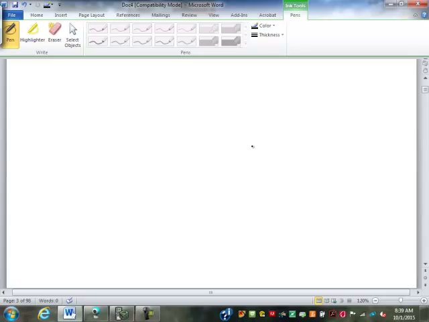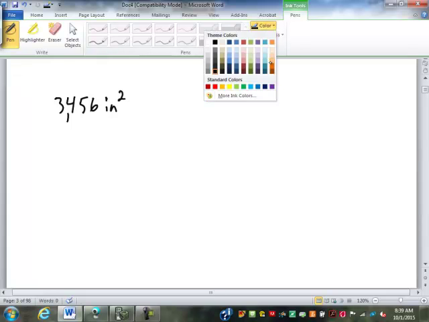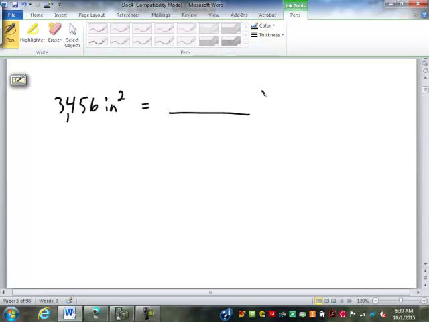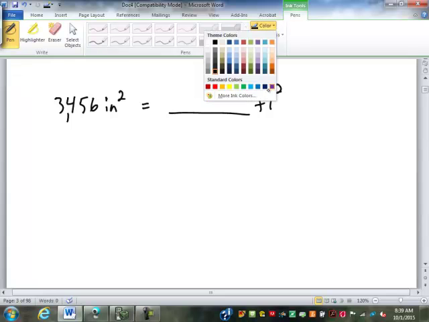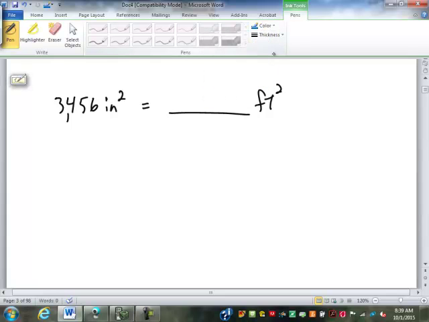So if you have something that is 3,456 square inches, and I want to convert that into square feet, whether you're doing some sort of a laminate countertop or a painting or whatever, where you know the price per square foot and you have it measured in inches.